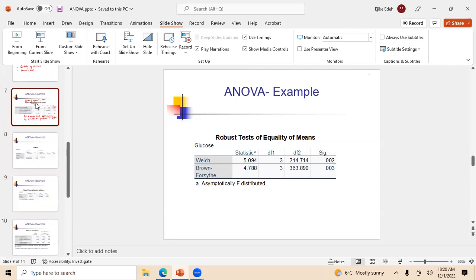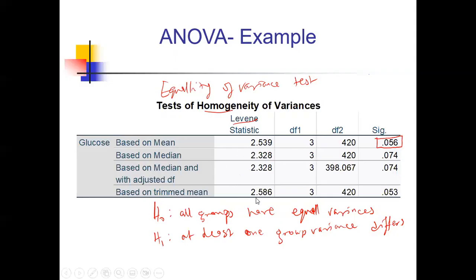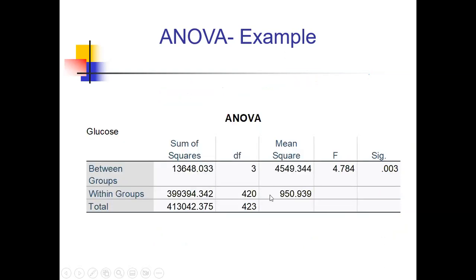Okay, so I will repeat that again. If the homogeneity of variance test is met, if the variances are equal, which means the p-value was bigger than 0.05, which implies we did not reject the null hypothesis, then this is the table you interpret for the result, which is the ANOVA table.